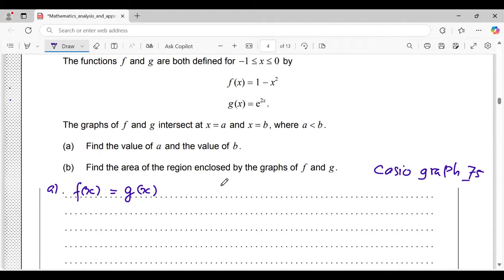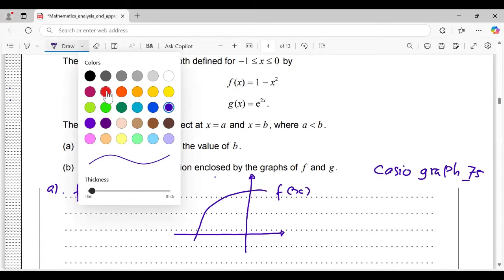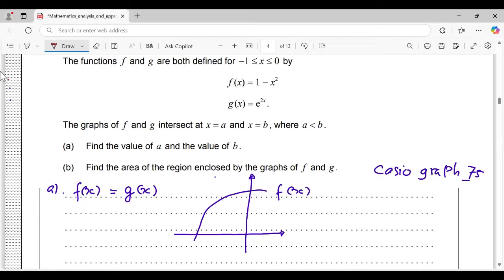And when I sketch f(x) and g(x), the graph looks like this. This is f(x), and g(x) like this.